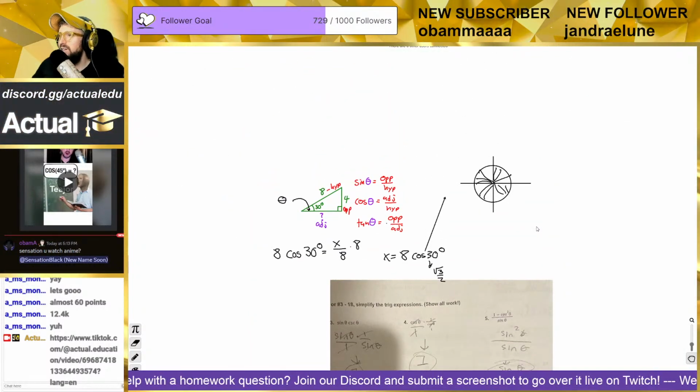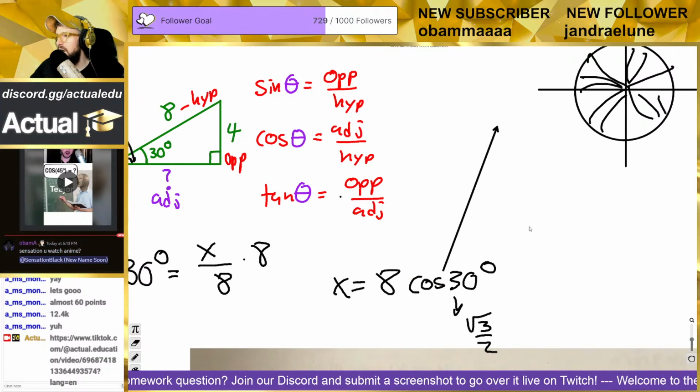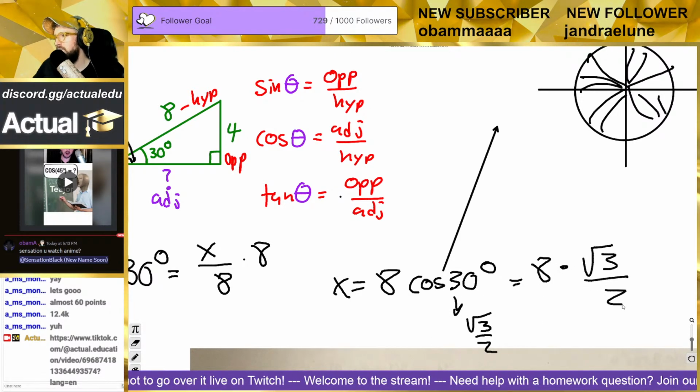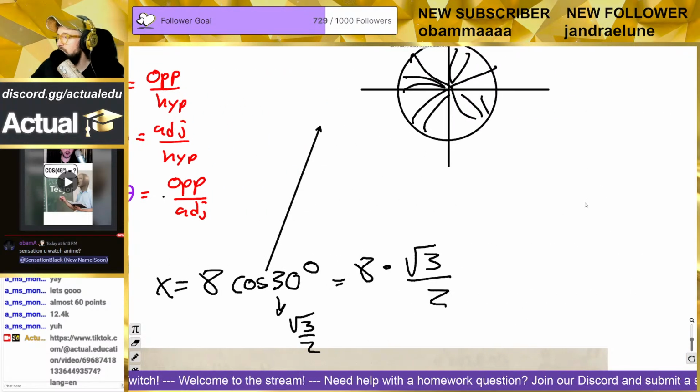Okay, Obama. In pre-calc you're gonna learn this, and please watch those videos I post. That's how you do it. This is how you know this is square root of 3 over 2. So this gets you 8 times the square root of 3 over 2. Then I ask you, how do you simplify this? This is just multiplying fractions. 8 over 2 does not turn into 8 over 1.